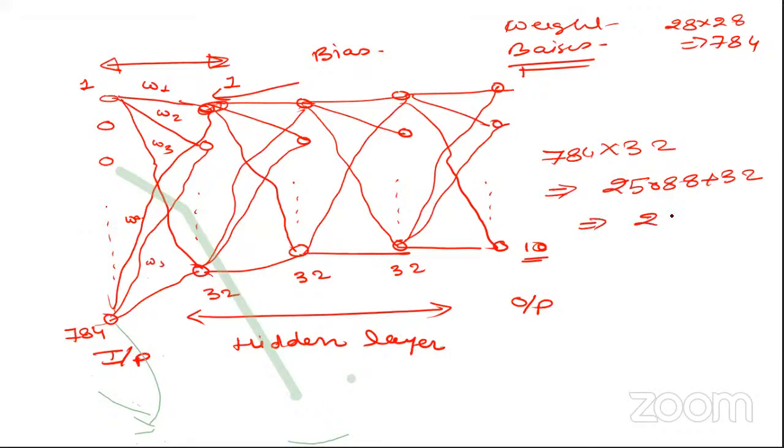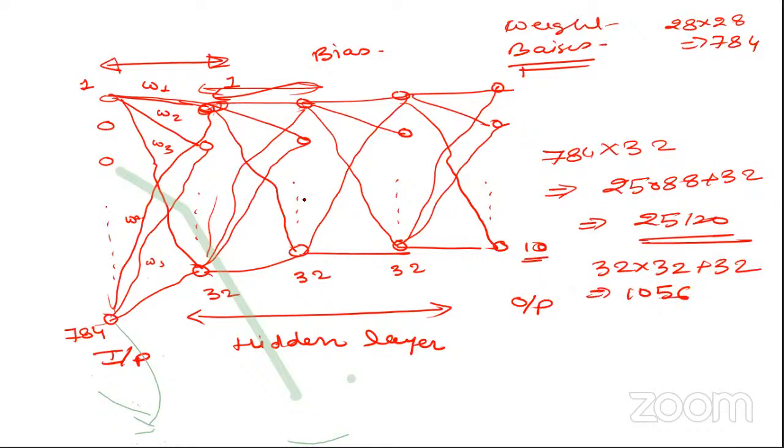So this is your 25120 parameters you have to train here. I'm talking about this layer to this layer. At that time, 32 nodes are connected with 32 plus 32 bias. So 1056 parameters are there in this section.